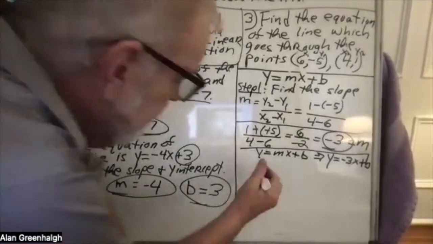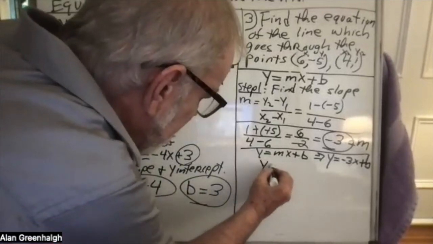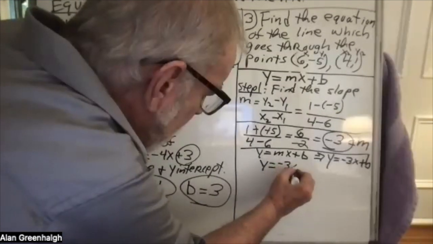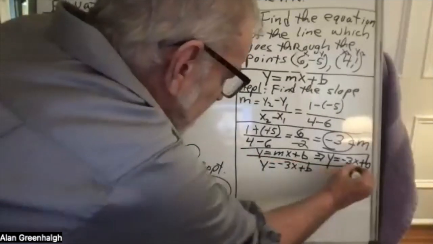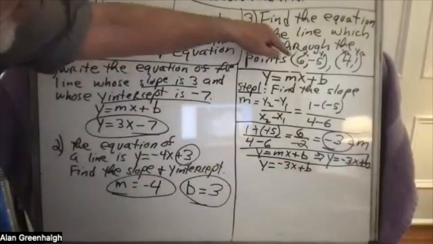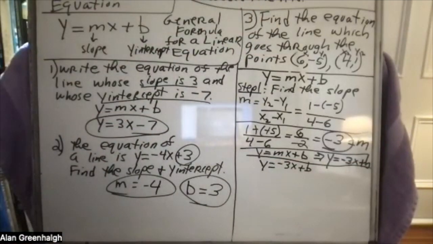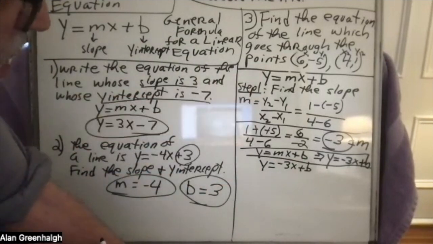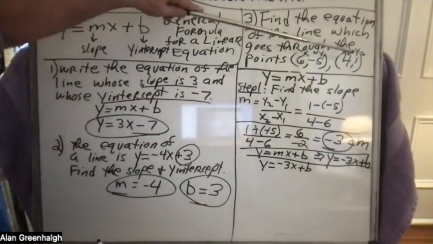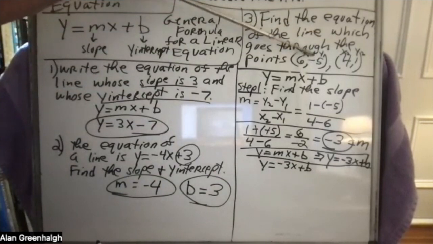What we do is take the equation and substitute one of the 2 points for x and y. It doesn't matter. I would choose the (4, 1) because I hate negatives.